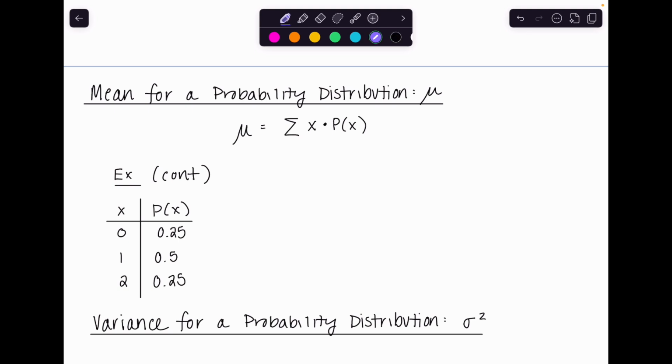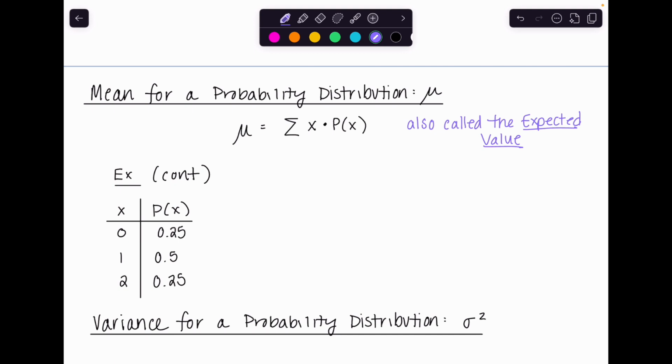The other thing that you might notice, maybe if you've seen this before, have taken our MGF 1100 or MAT 1100 class, this is also called the expected value. And hopefully that name makes sense.